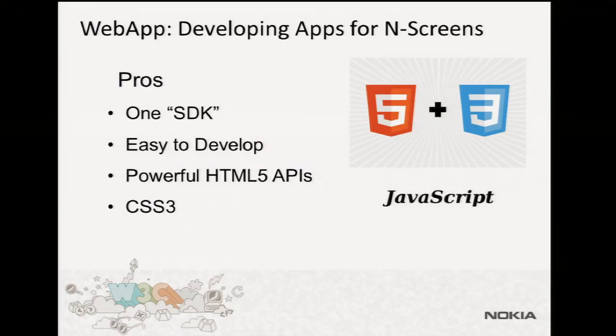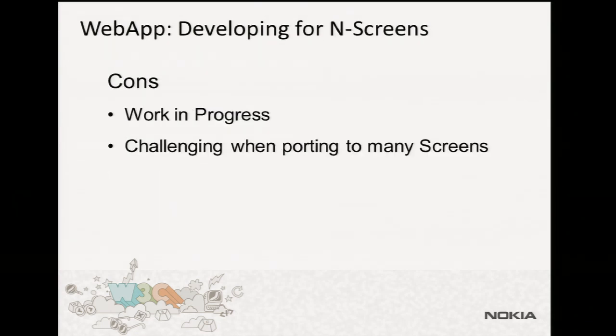So the pros of a web app are one SDK, easy to develop, powerful HTML5, CSS3, and there are some cons. The first thing is it's work in progress. If you think about a web app environment supporting so many different devices, I think it can be safely said to be work in progress forever.